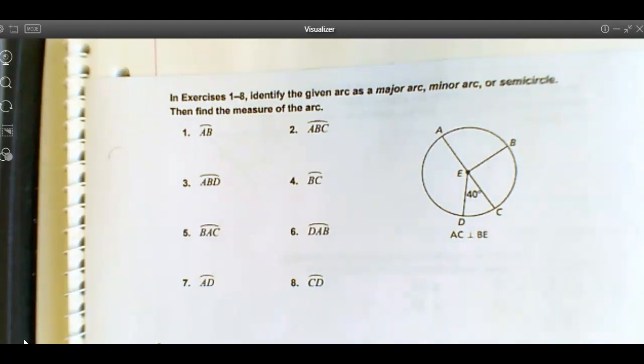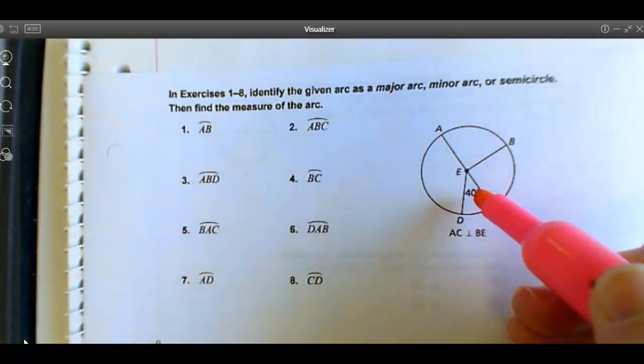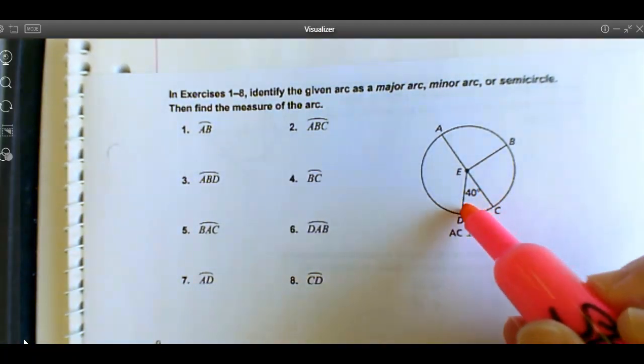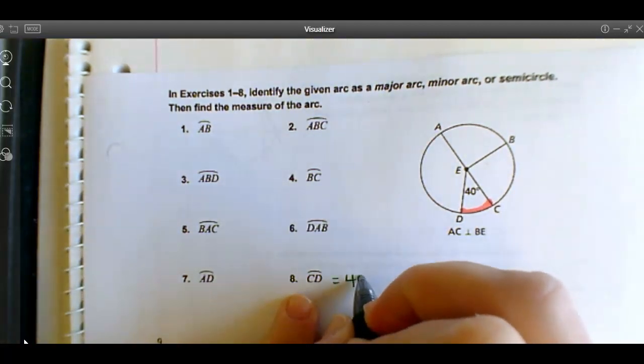So the angle that comes from the center is going to match up with the angle of the arc. I know that this angle right here is 40 degrees, and so this arc right here is also going to be 40 degrees. If I see CD or DC anywhere, I know that's 40 degrees. So I know this one is 40.